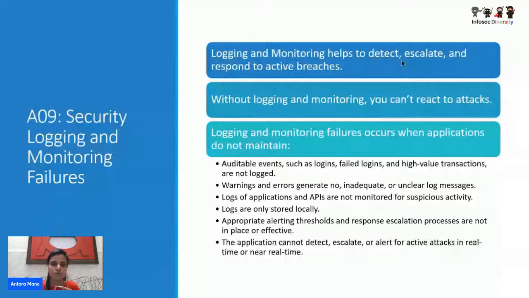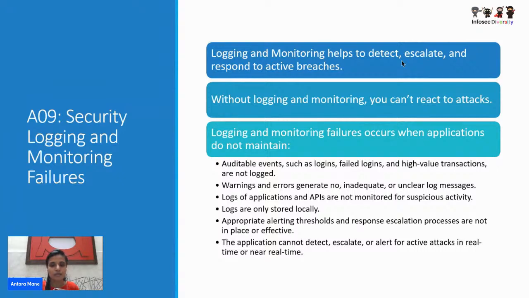This occurs if your application is not able to maintain auditable events, such as logins, failed login attempts, high value transactions, the warnings and error messages generated. Inadequate or unclear log messages are generated, logs of applications and APIs are not monitored for suspicious activity, and logs are only stored locally, which would also lead to another type of problem.